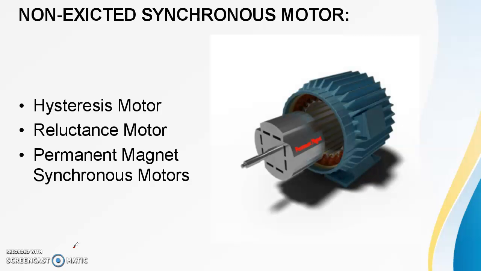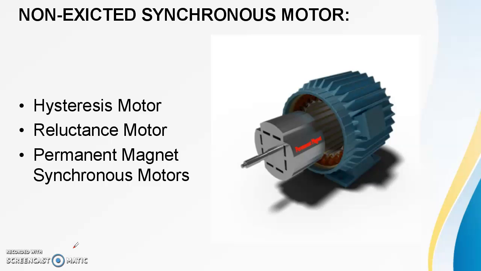First of all, we are going to see about the non-excited synchronous motor. There are three types of motors. They are hysteresis motor, reluctance motor, permanent magnet synchronous motor, that is PM synchronous motor, which is shown in the figure.